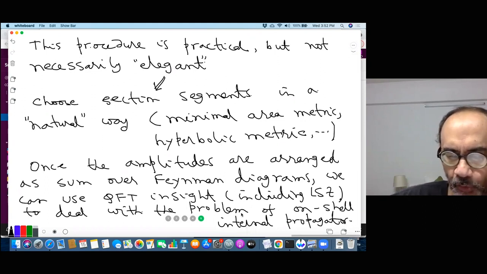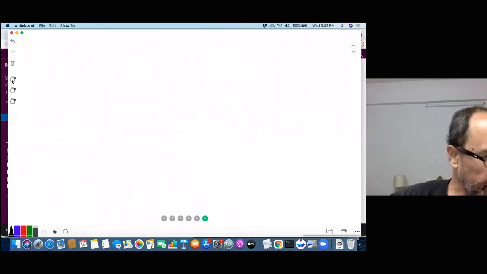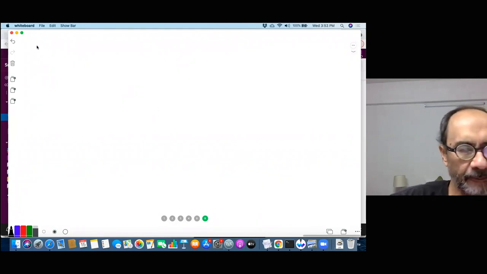Okay, so I'll try to make this a little more precise. What we mean by use QFT inside, and where is this construction explicitly useful? So we can look at the example of the self-energy diagram.